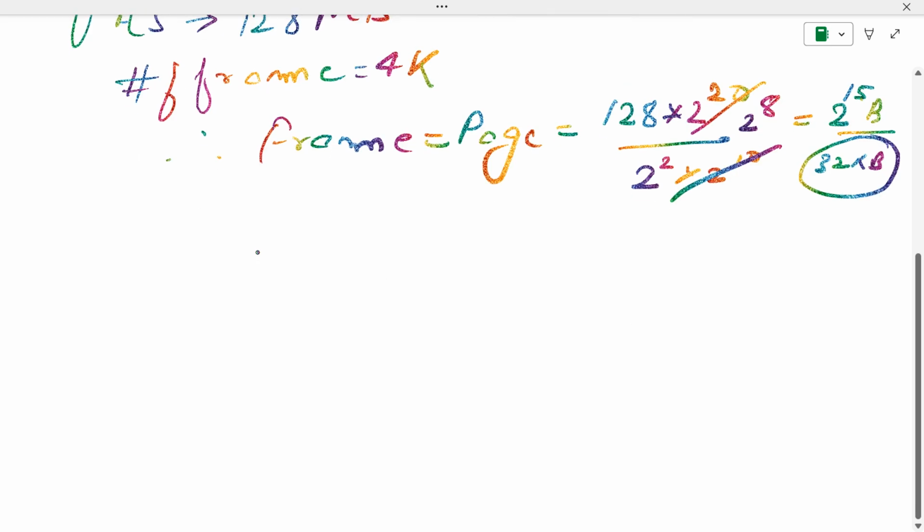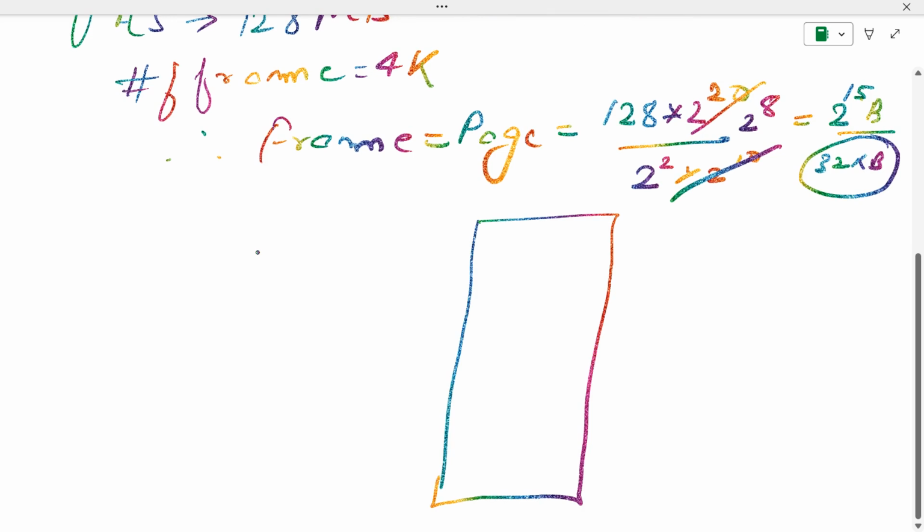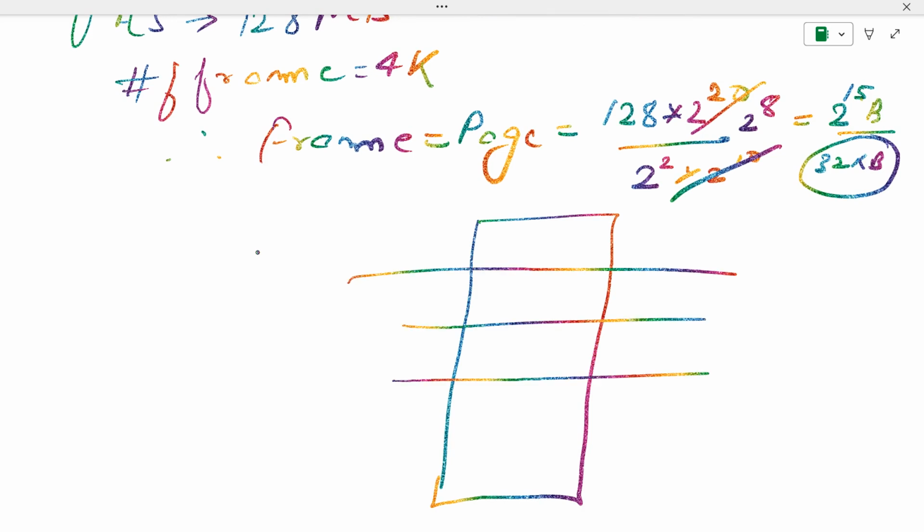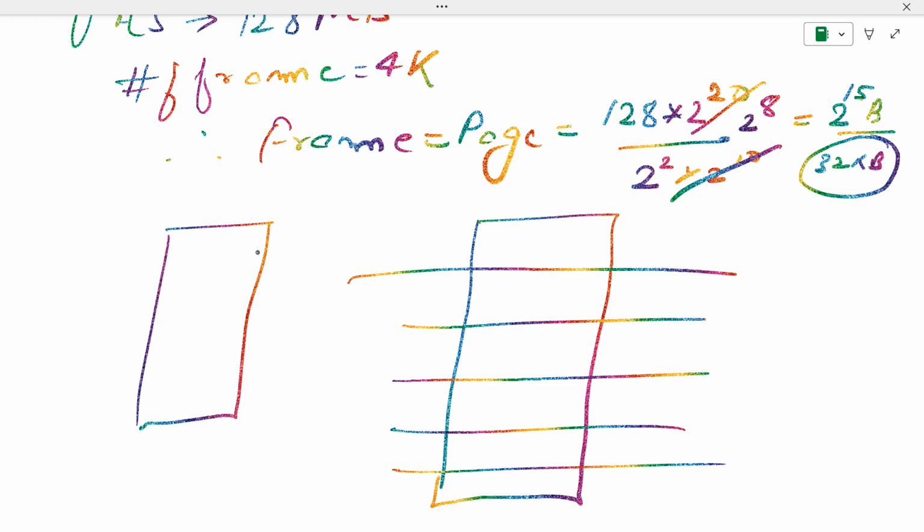So for these 8k pages we have made the second level page table. Altogether we have 8k pages, that is 2 raised to the power 13.